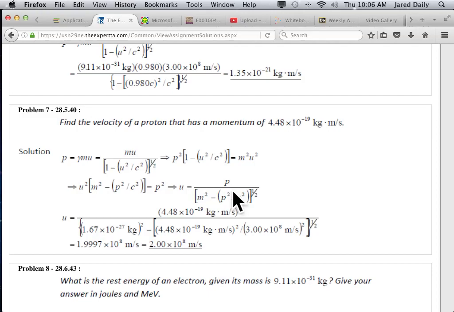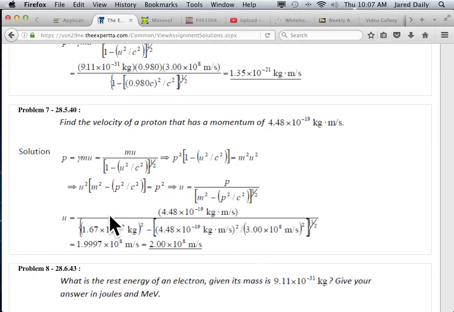They should have divided by m squared here. Oh, they actually just put the m into this thing first. And that works too, I suppose. It works either way. It's the same either way.